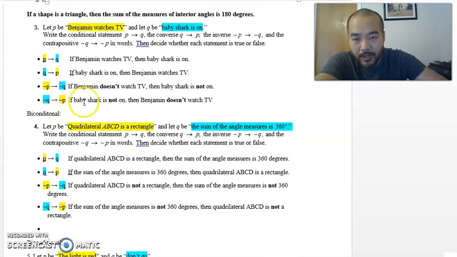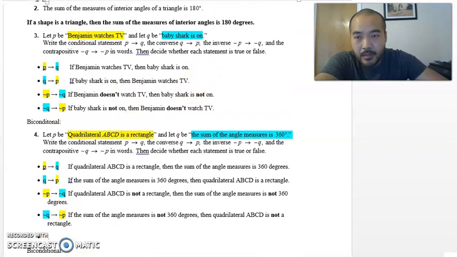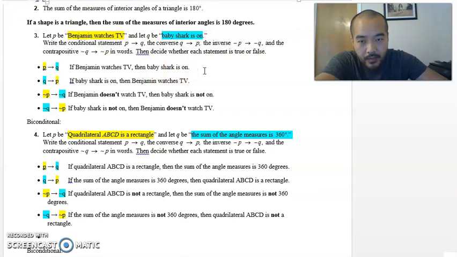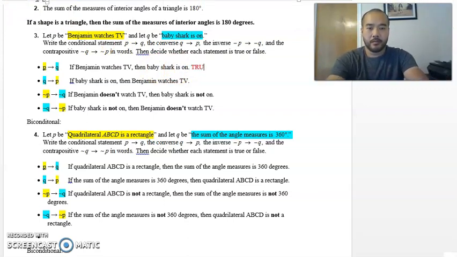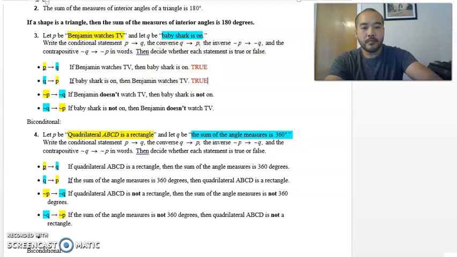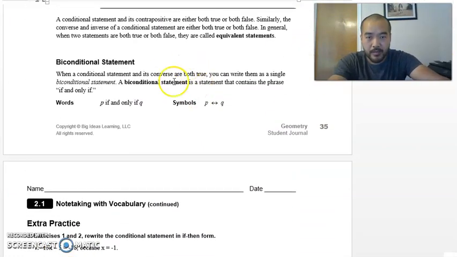Last thing to show you with biconditionals. Let's talk about this here. Let's change my text color. If Benjamin watches TV, then Baby Shark is on. This is true. If Baby Shark is on, then Benjamin watches TV. This is also true. So remember we talked about biconditional statements.